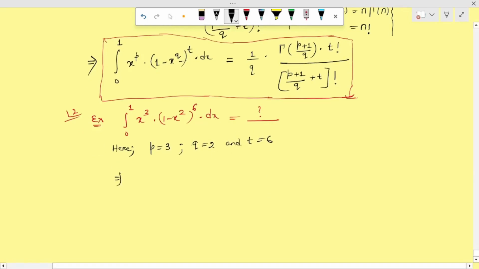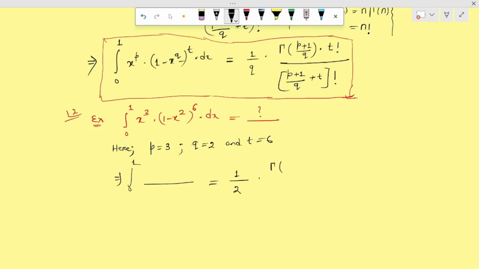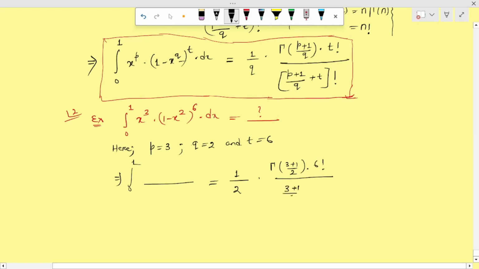That implies this integral value will be 1 by q, q means 2, 1 by 2 into gamma p plus 1 by q. Here p is 3, so 3 plus 1 by 2, into t factorial. t factorial means 6 factorial, whole divided by p plus 1 by q plus t, that means 3 plus 1 by 2 plus 6, whole factorial.